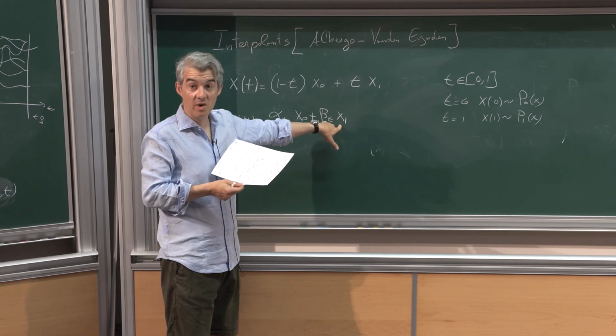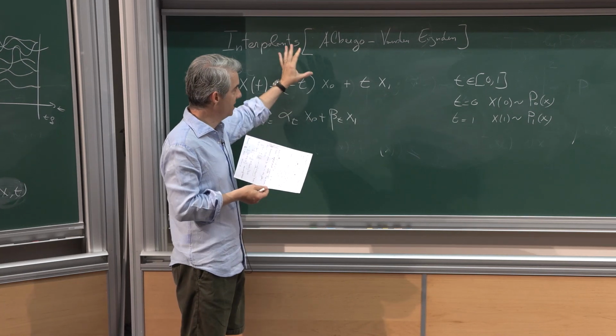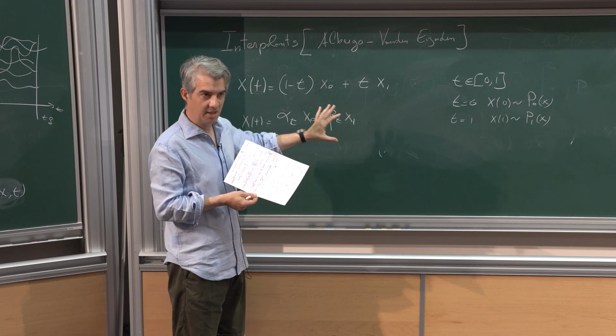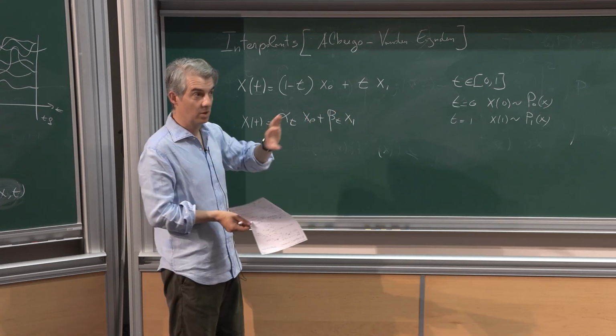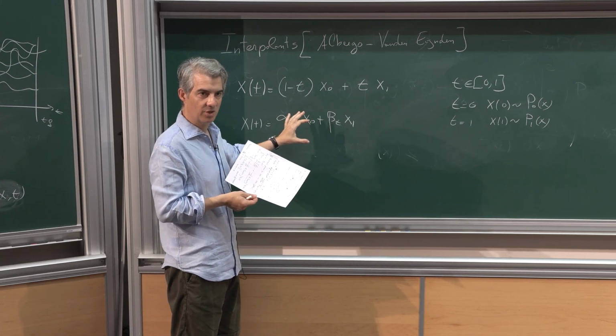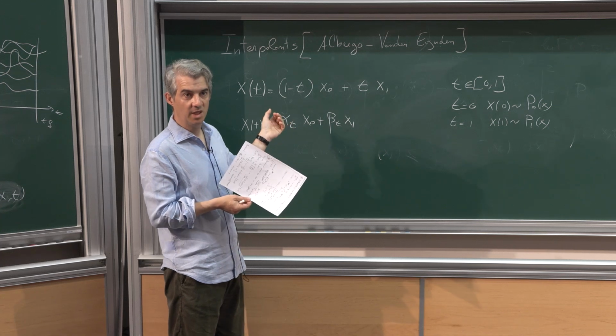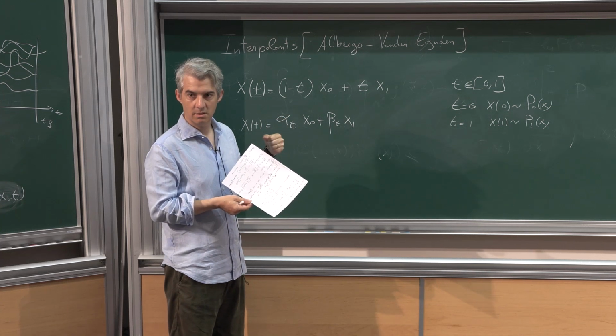And now x1 doesn't need to be a Gaussian, it can be what you want. Within this framework, it enjoys all the properties that I told you: you can define the equivalent of the score function, you can learn it, and then you can come back with an ODE or with an SDE.